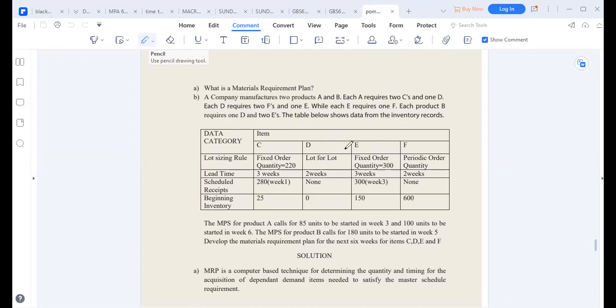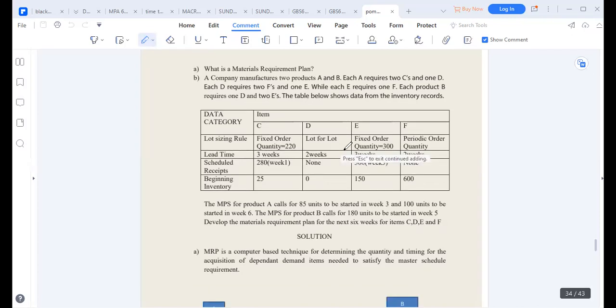This question came similar in this pamphlet. We have A and B products. Each A requires 2 C's and 1 D.